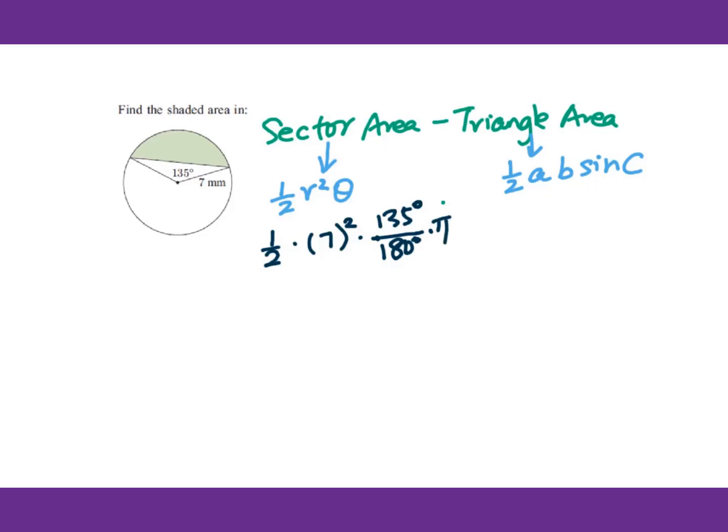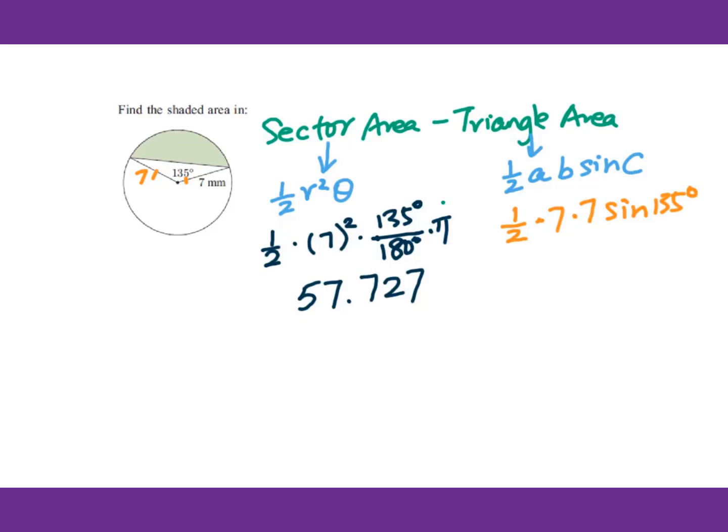Then we put all this into the calculator. You will get 57.727. That's the area for the sector. Then for the triangle area, this part is 7 millimeters too. So we got 1/2 times 7 times 7 sine 135 degrees. So we put it into the calculator.